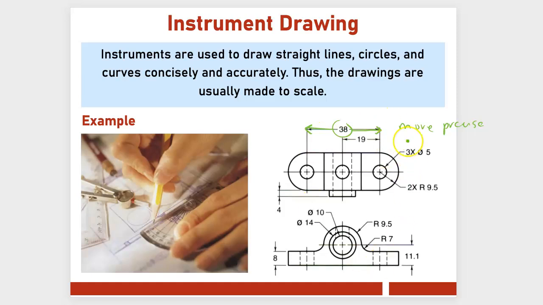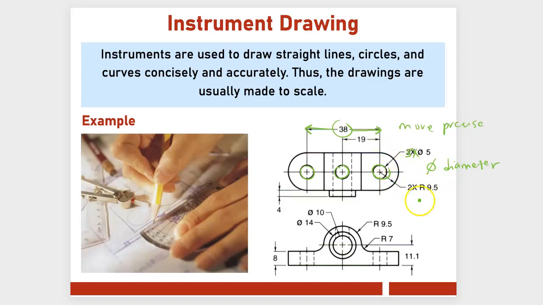Here, from this diagram alone, I can already tell that these 3 holes, 3 times, have a diameter of 5. So this is called a diameter.